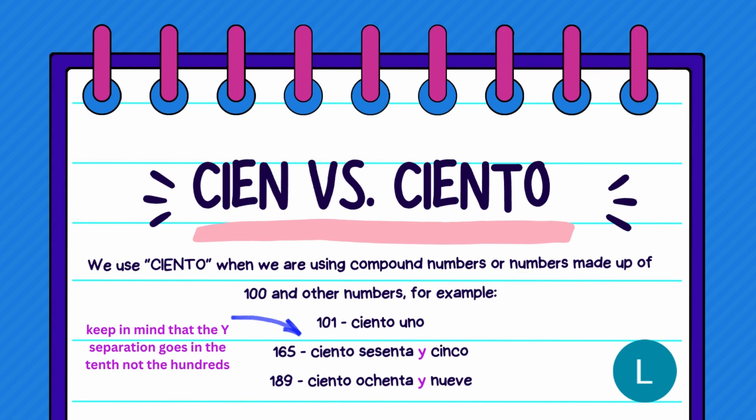So examples are the following: 101, 165, and then the last example, we have 189. Something to keep in mind is that the Y separation goes in the tenths, not to the hundreds.